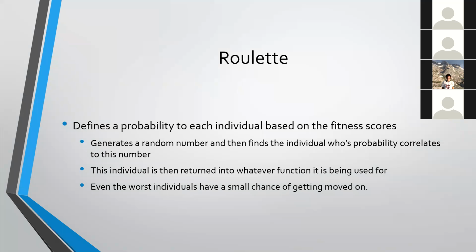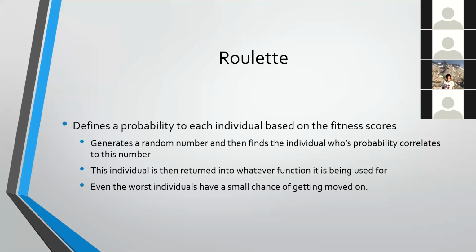So to be a bit more formal, what you do in a roulette algorithm is read in all the fitness scores of these individuals, and then based on the total amount of fitness in the generation and the individual's fitness scores, it defines for each individual a probability that it will get chosen.